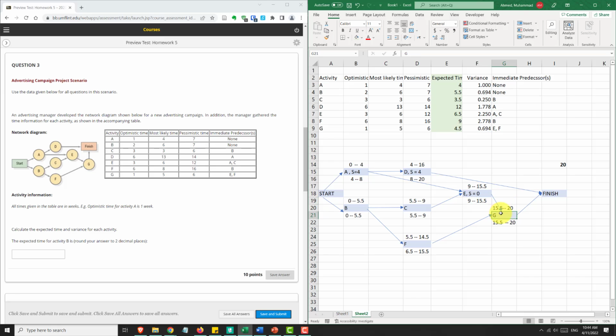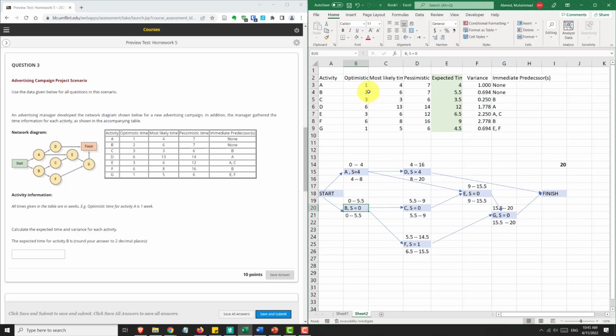The slack for G is also 0 because 20 minus 20 is 0. The slack for C is also 0 because 9 minus 9 is 0. Slack for F is not 0 because the late finish and early finish times are different. That's 15.5 minus 14.5, which is 1. The slack for B is 0 because 5.5 minus 5.5 is 0.